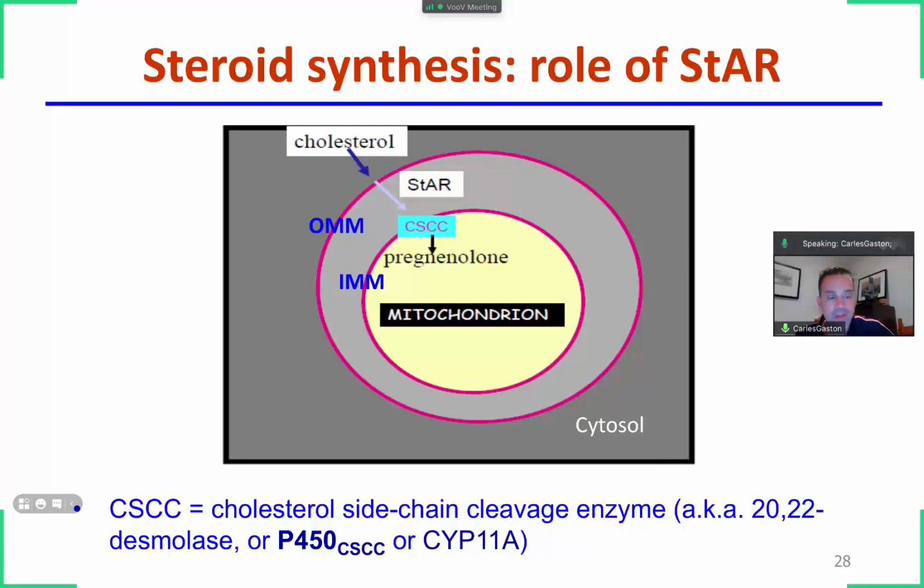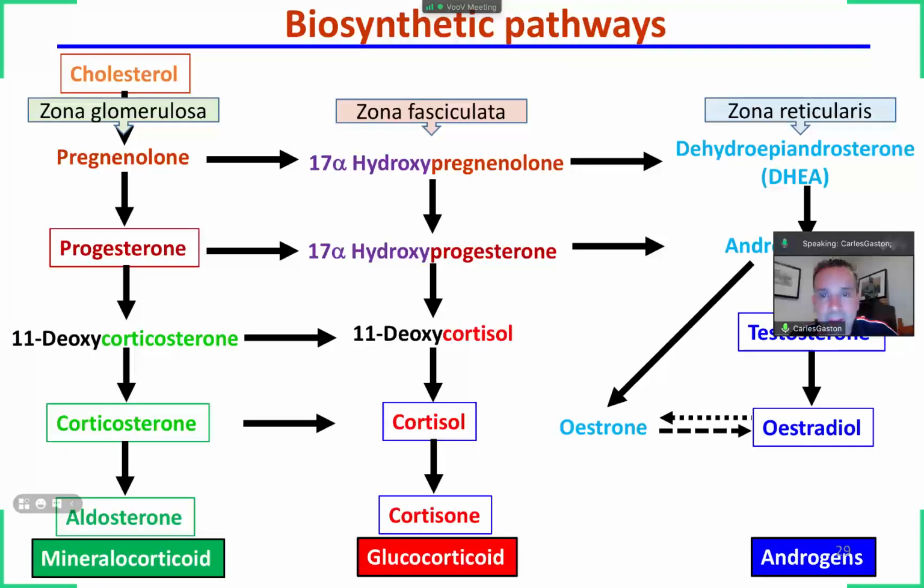And this will start getting complicated, my friends. Okay, I know it's overwhelming, right? But we're gonna go one by one, and also we're gonna study the different functions of it, okay? And basically what we need to know is that each conversion of each different steroid hormone, like mineralocorticoids, glucocorticoids, and androgens, is produced in different zones of the adrenal cortex.